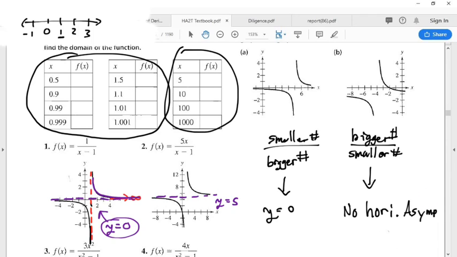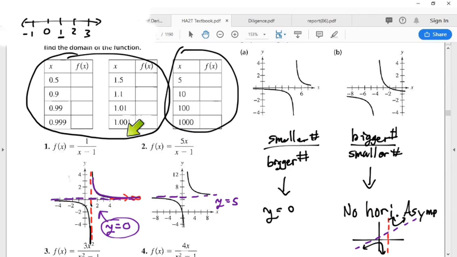If there's no horizontal asymptote, that means there's a slant asymptote. Slant asymptotes look like this, and you guys don't even have to worry about these right now. You still get your vertical asymptote, but your horizontal asymptote doesn't exist. Instead, a slant asymptote exists. The short and skinny of it is you find it by dividing, and whatever your remainder is, you just cut it off, and whatever is there is your slant asymptote, which is kind of interesting. But we're not working on that right now.